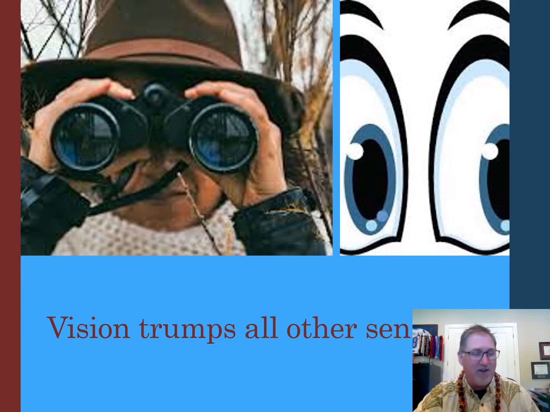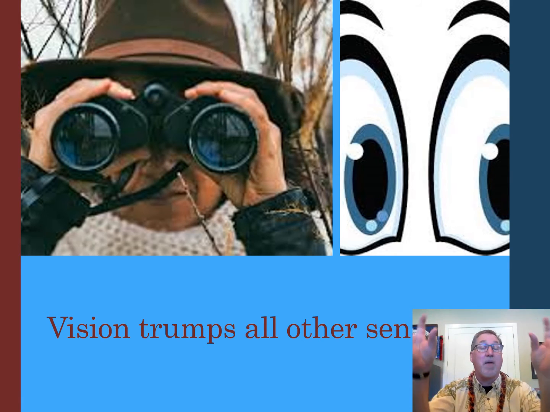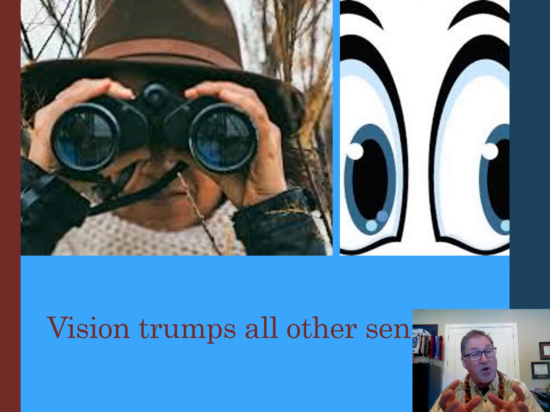But in the end, and you're going to see this reflected in the rubric: get information, do something with it, do that something with your peers, and make it multisensory. But in the end, vision trumps all other senses. About half of your brain's energy is taken up by your visual processing.